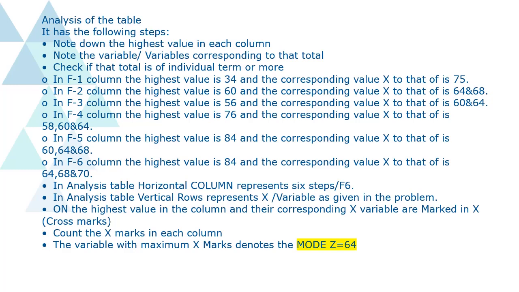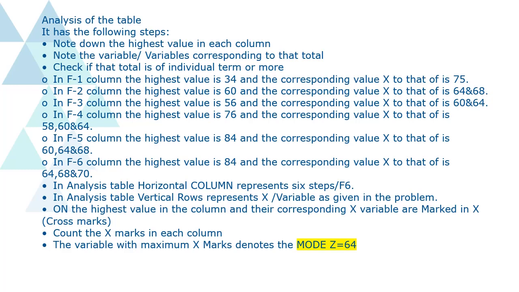The total at the last column is given to see how many cross marks are falling under each row and column there.